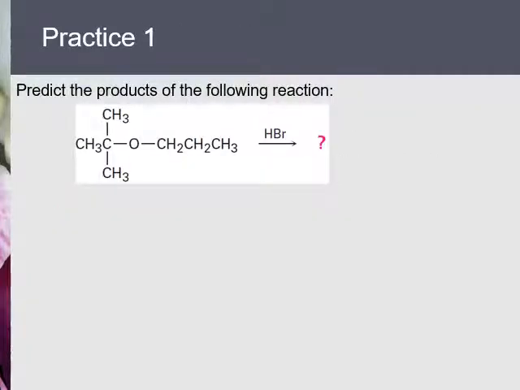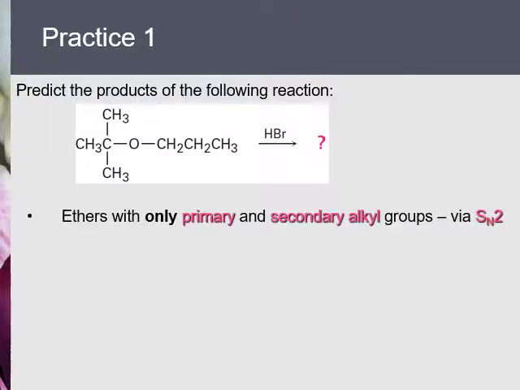Practice: predict the products of the following reaction. This is an acid cleavage of an ether. In this type of reaction, if the ether contains only primary or secondary alkyl groups, the reaction is an SN2 mechanism. The halide attacks the smaller side, so the smaller side forms alkyl halide, and the larger side forms alcohol.